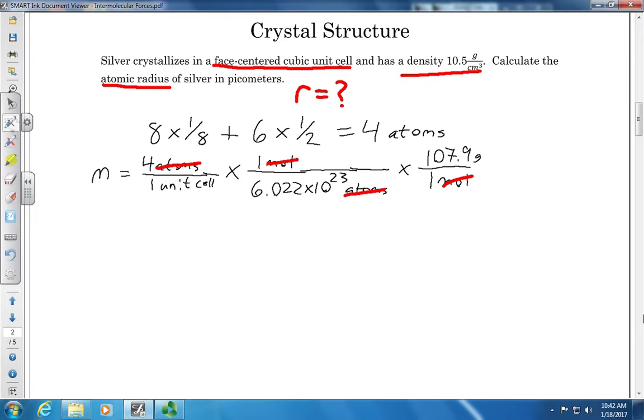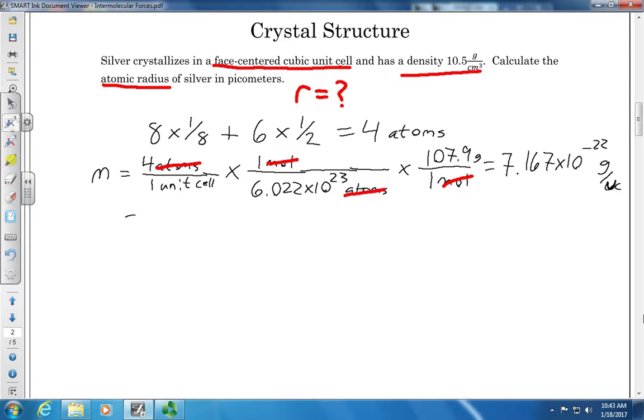And when you do the arithmetic, you'll find 7.167 times 10 to the minus 22 grams per unit cell. We're going to call that UC. But because we're only dealing with one unit cell, we can take that information and multiply it by 1 unit cell.